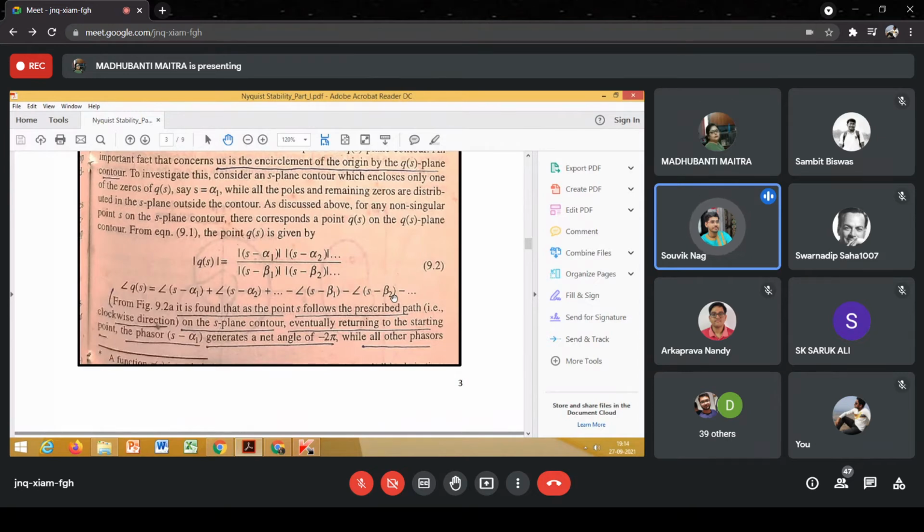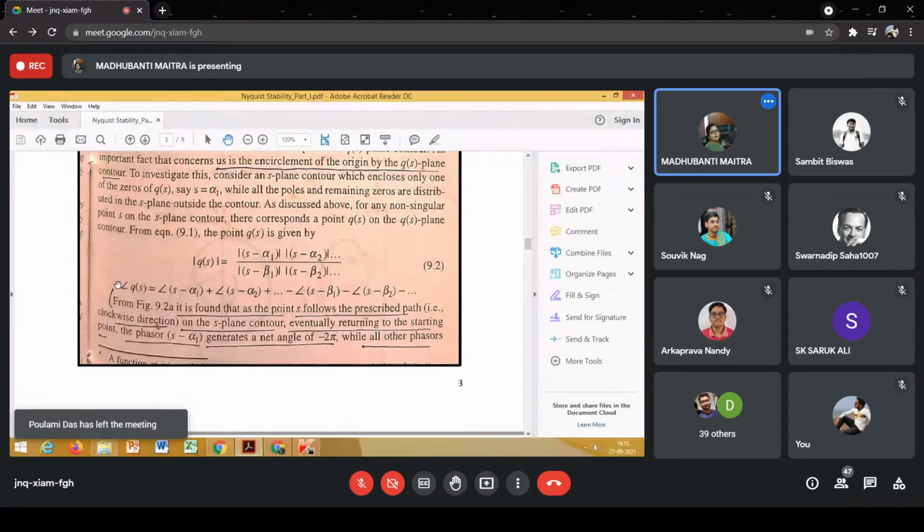That is delta angle of QS, the net change in angle.